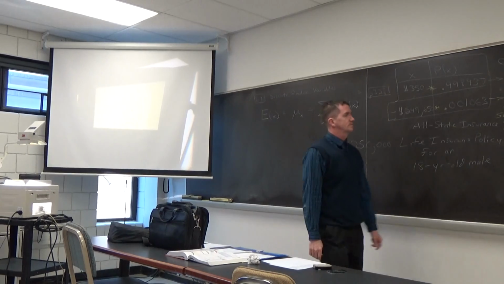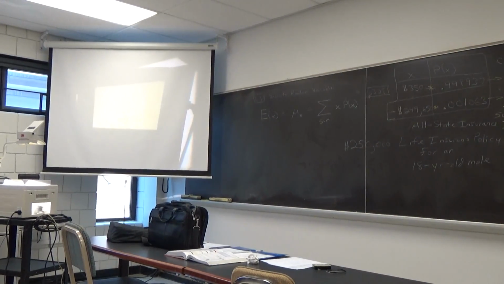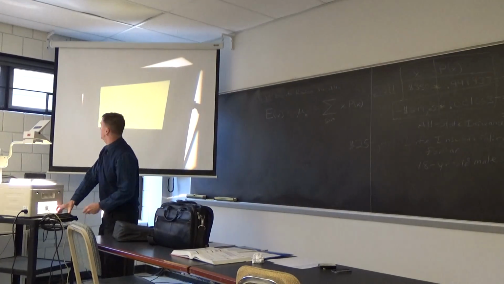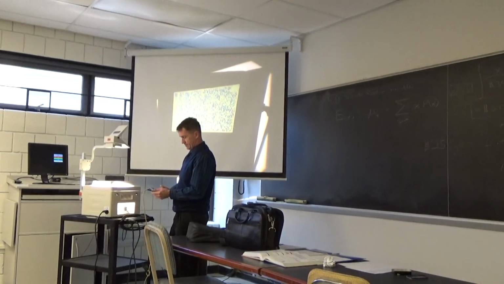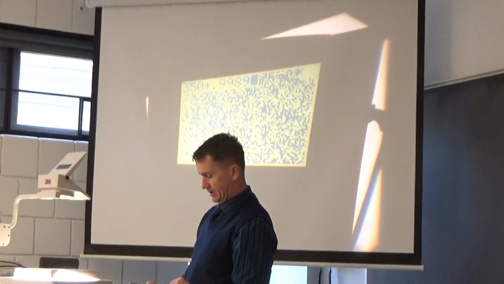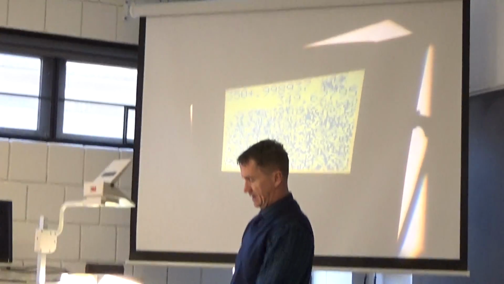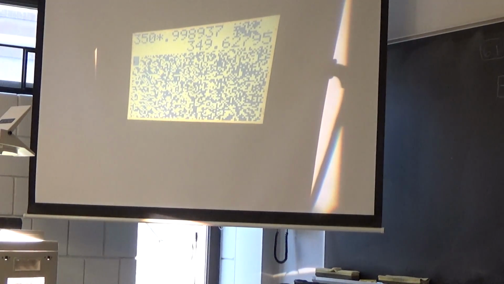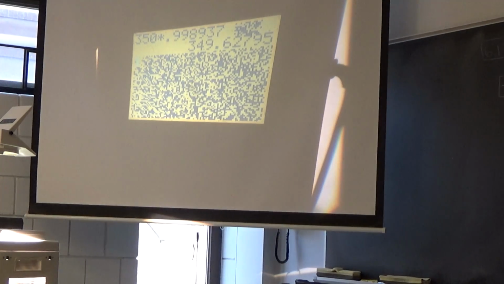350 times 0.998937. I'm just doing it on a blank screen, right? All right. 350 times 0.998937. I get 349.62795.